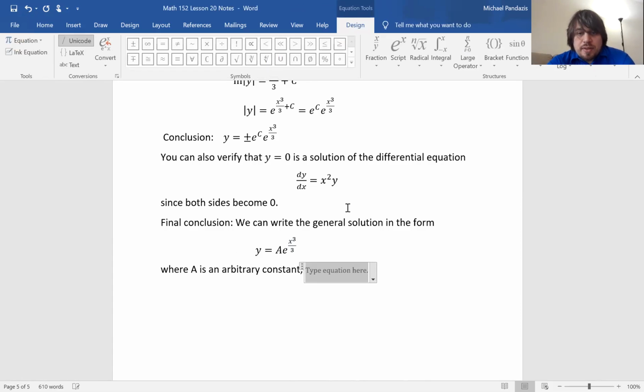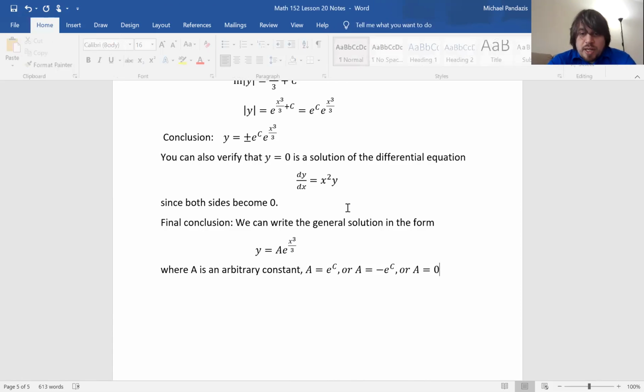Okay, so either A is equal to e to the c, or A is equal to negative e to the c from earlier, or A is equal to 0 from the y equals 0 case.